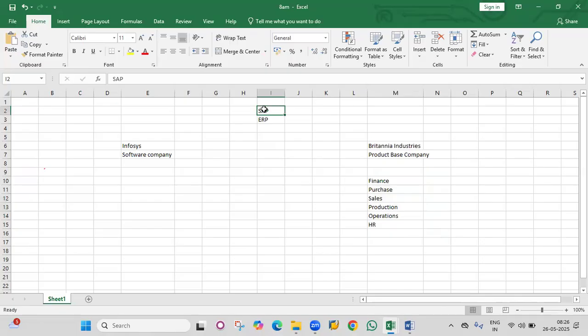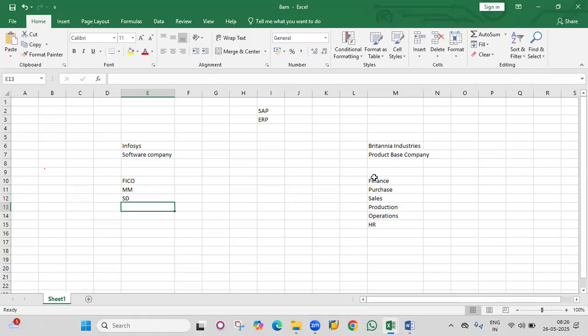Like I'm an SAP consultant, I cannot deal with all these department problems. I'm a FICO consultant. I'll deal with only FICO configurations and FICO related issues. So in SAP also, there are different consultants. They are called modules. There are modules like FICO, finance and controlling, MM, materials management for purchasing, SD, sales and distribution for sales.